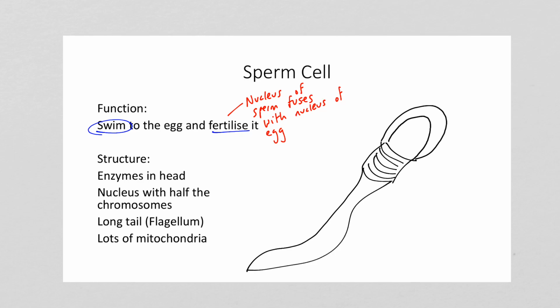We have a tail, or flagellum, I should say. As we saw when we talked about the prokaryotes, this allows it to swim. The area just above the tail contains lots of mitochondria.